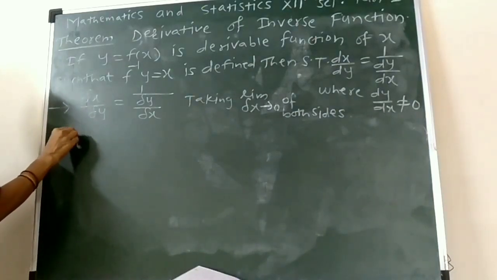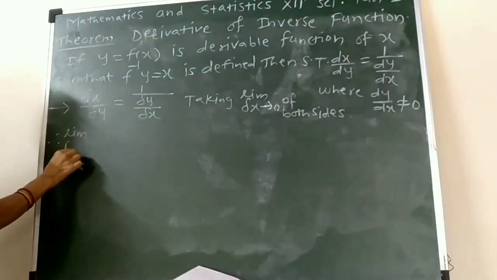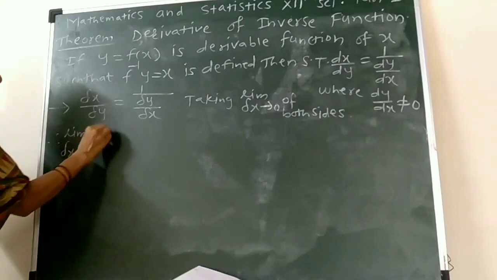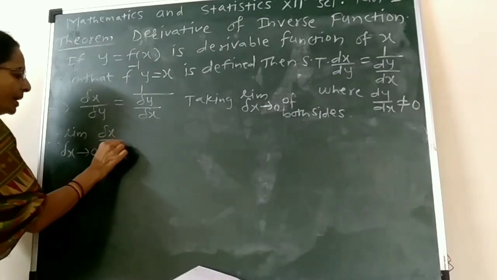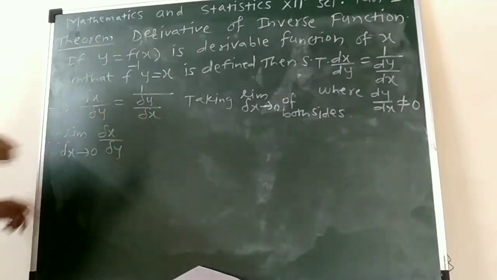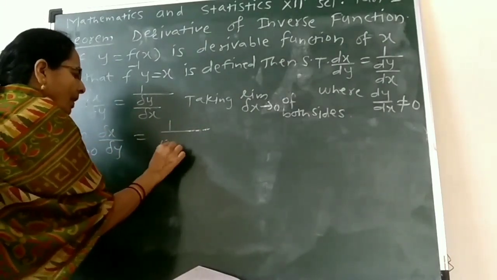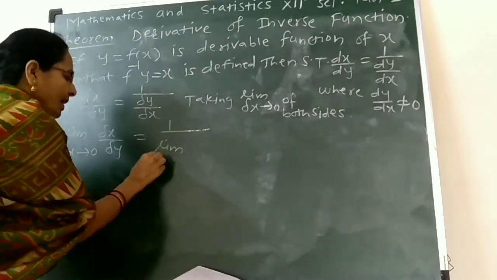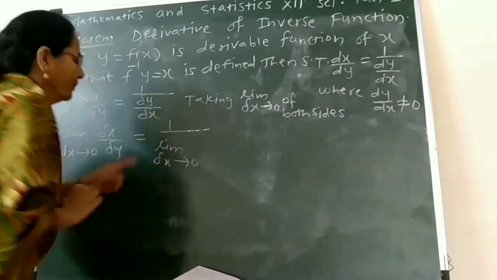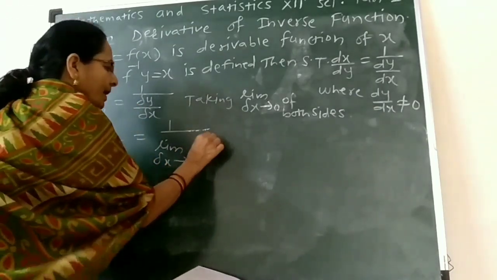Therefore, limit as delta x tends to 0, delta x by delta y is equal to 1 upon limit as delta x tends to 0, delta y by delta x.